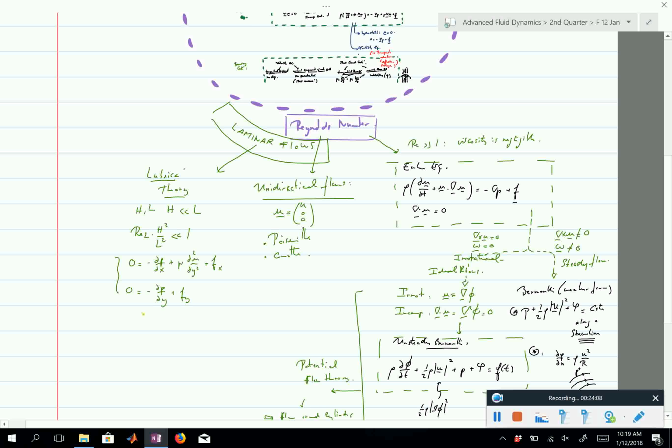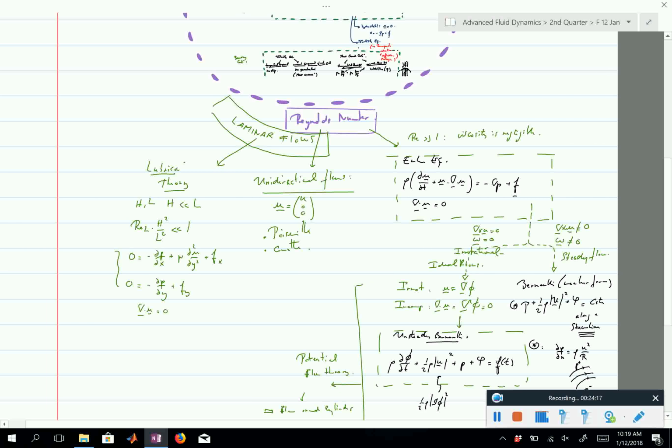And of course, the continuity equation. But usually you're just solving for u. I should have put that in black. It doesn't matter, now it's in green. Those are your lubrication equations.